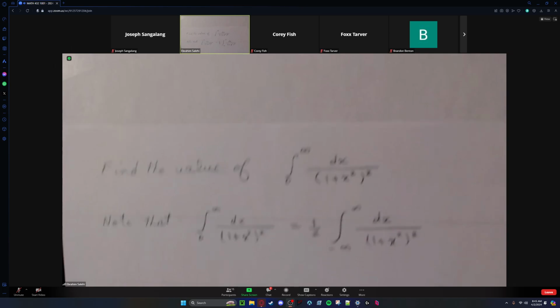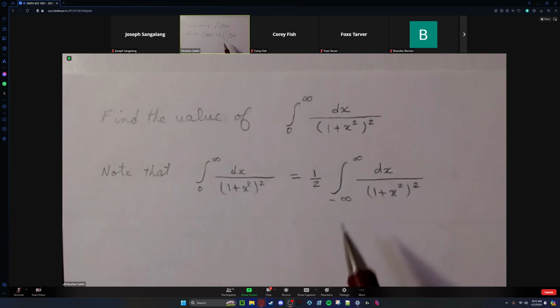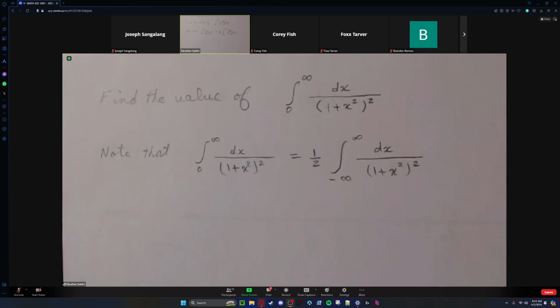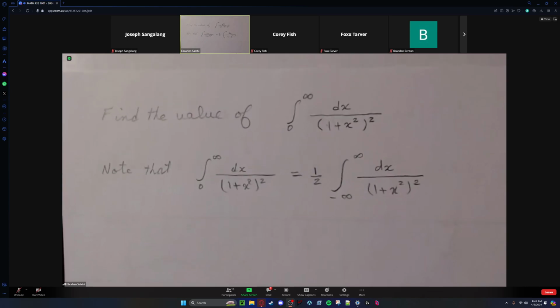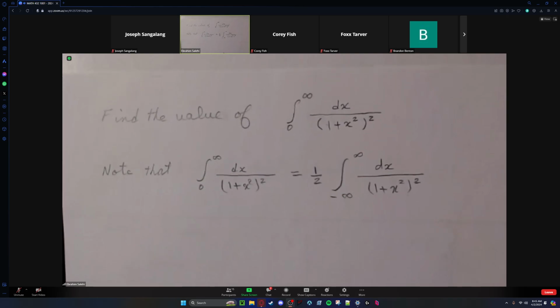And now is the time to convert this integral to complex. In complex, as I said earlier, for this type of function, we are going to consider this semicircular region or contour.